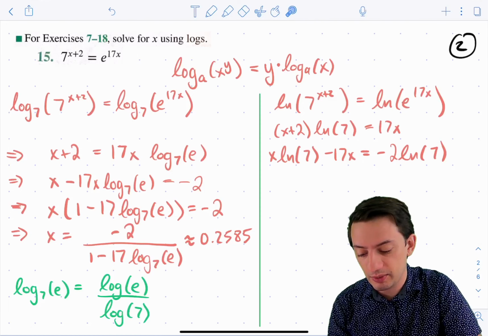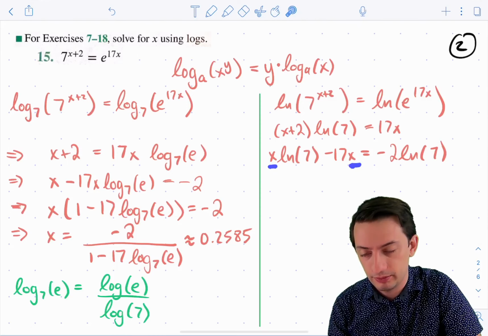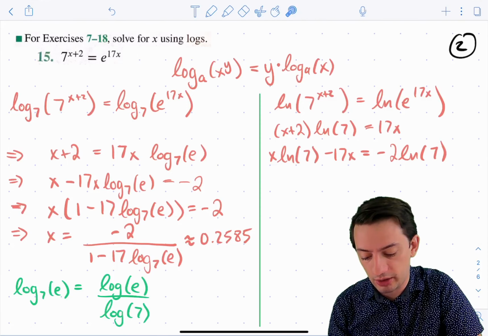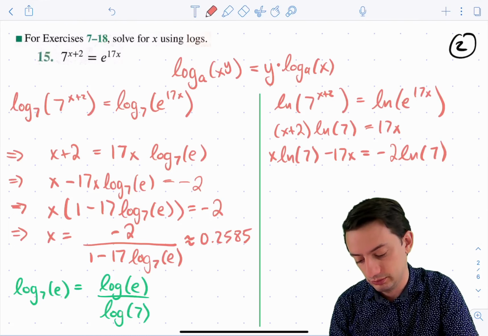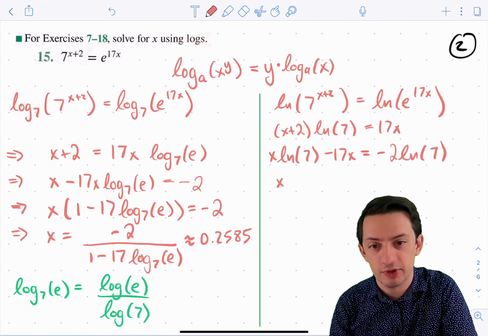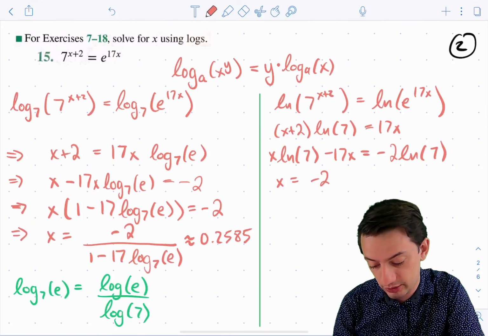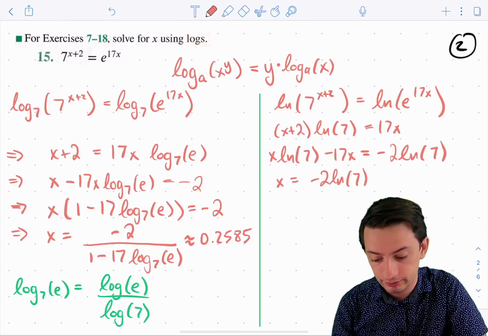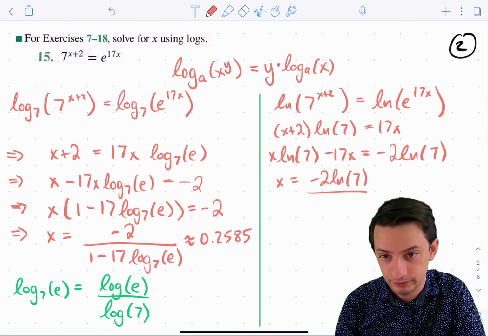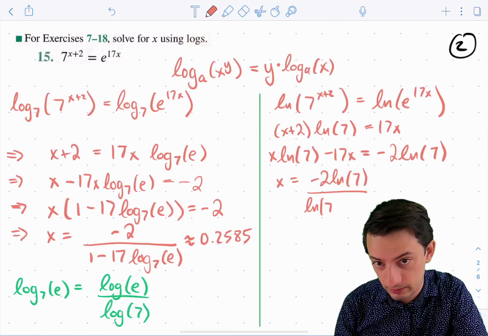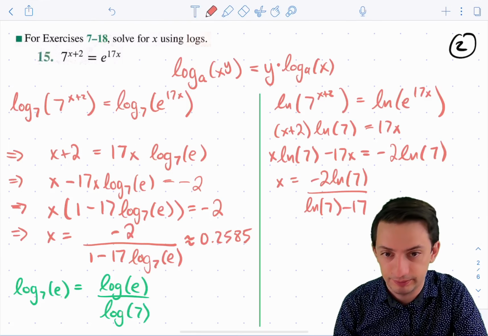And then lastly, we factor x out of both of them. What will be left is natural log of 7 minus 17, and we divide that over here. So just because I'm a little squeezed for space, let me write that all in one step. We get x equals negative 2 natural log of 7 divided by natural log of 7 minus 17.